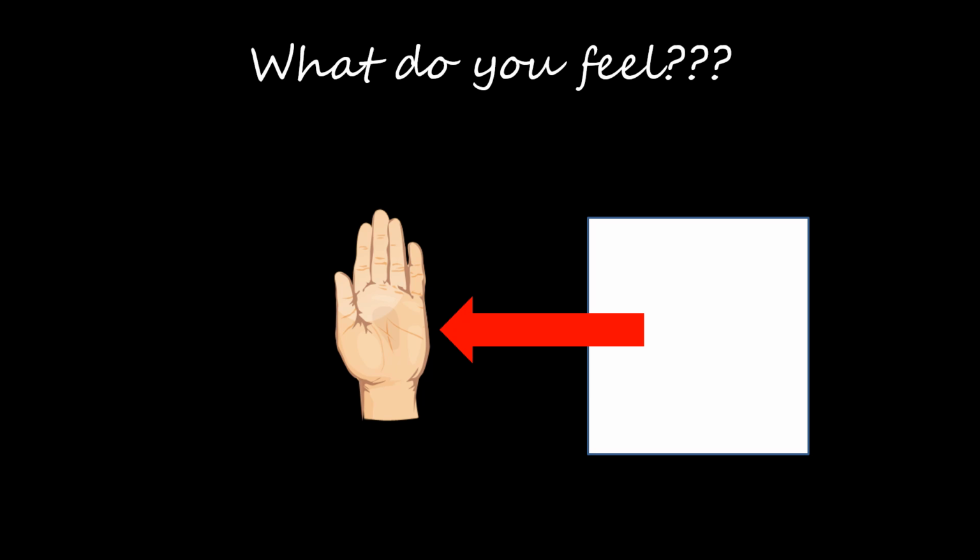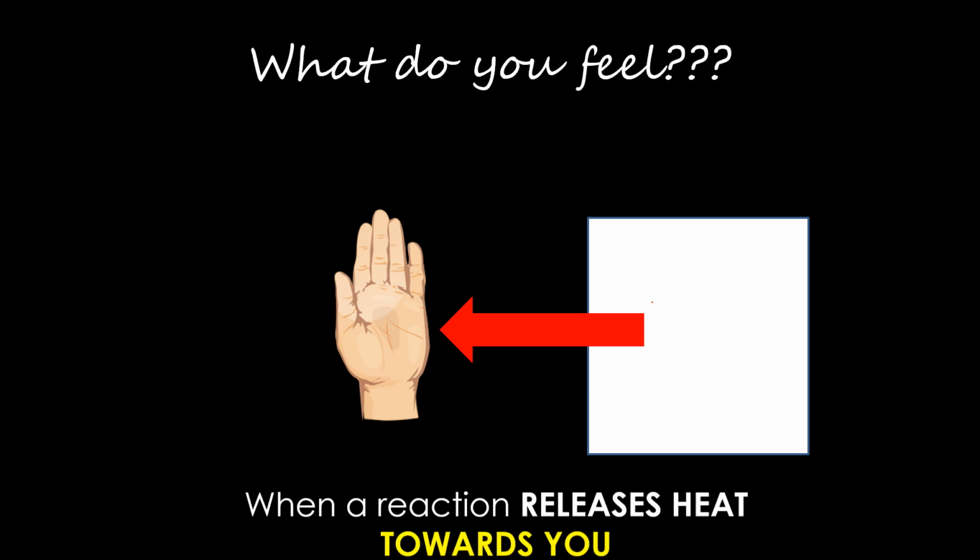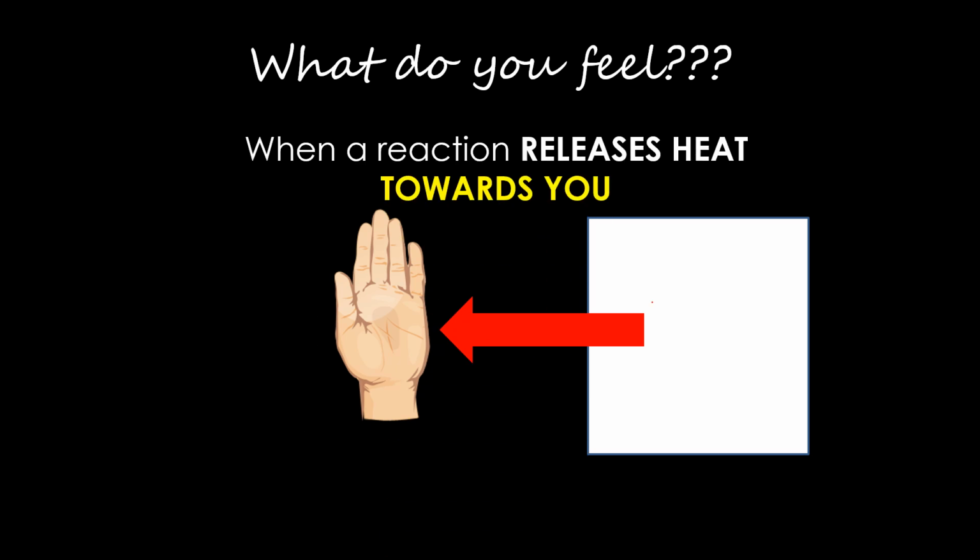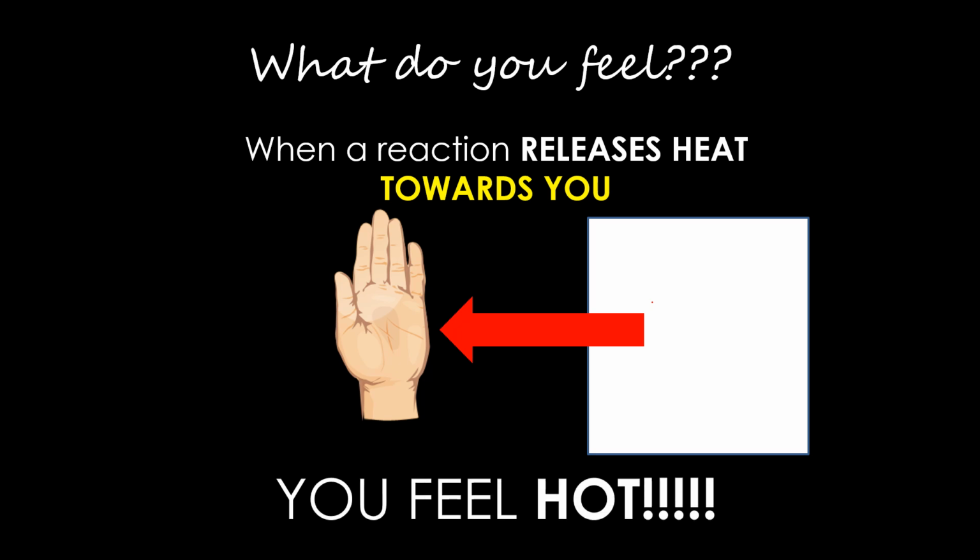If you were getting heat from a substance or from a system, the reaction releases it towards you, and so you feel hot because you are receiving that energy, okay? So something feeling hot or cold is going to depend on what temperature you and the substance are at and what's going on. If it's a chemical reaction that gives off the heat, then we're going to feel hot. If it's a chemical reaction that takes in energy, then it's going to feel cold.